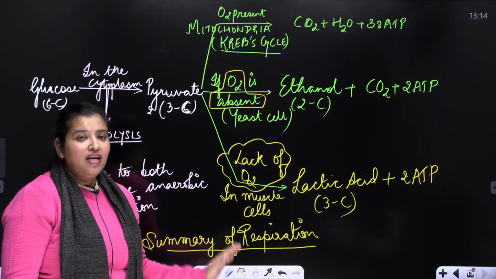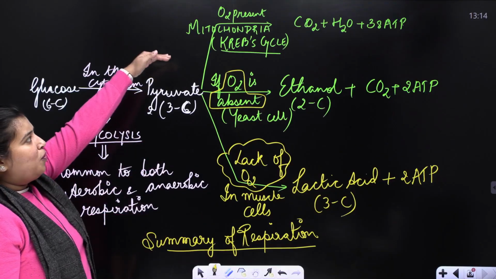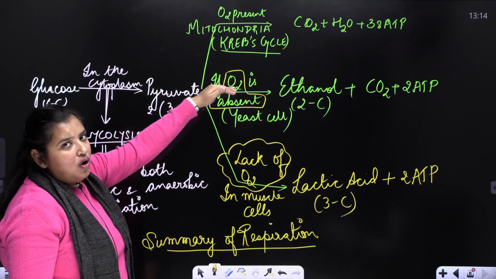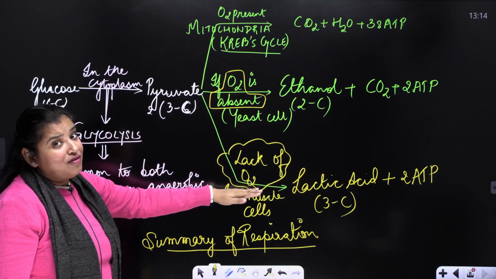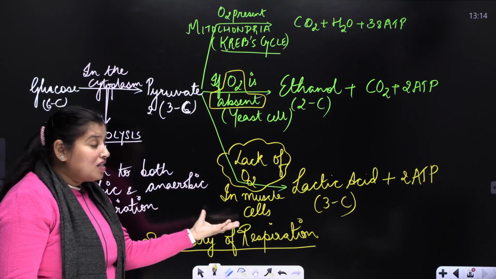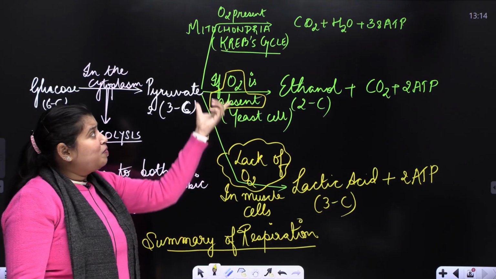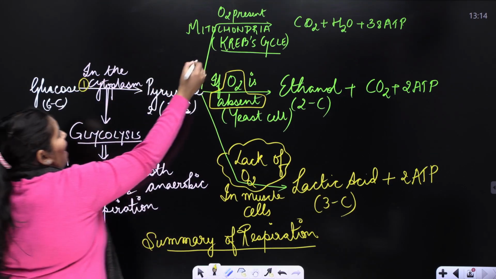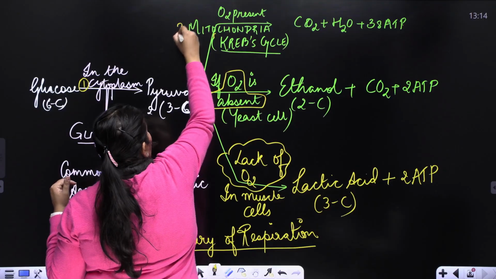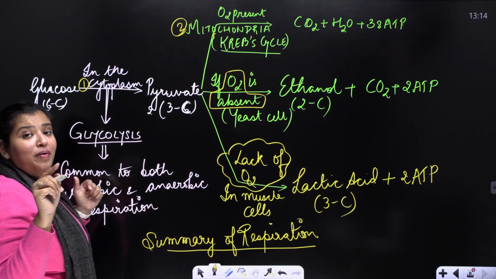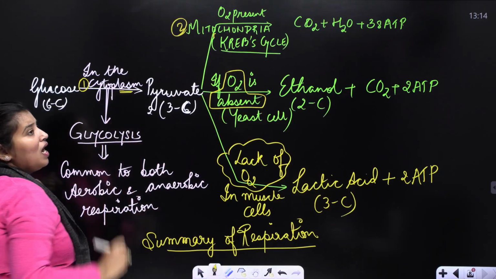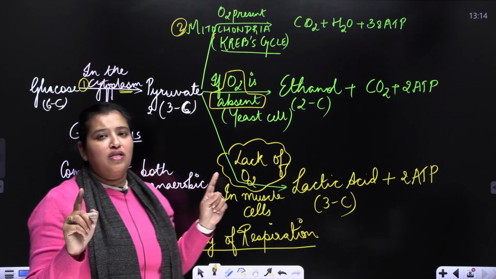So this is the summary of what? Respiration. All right, where we have concluded the aerobic and the anaerobic respiration and the alcoholic fermentation and the lactic acid fermentation. All right, please keep in mind, aerobic respiration will occur in 2 organelles, which is cytoplasm and mitochondria, whereas anaerobic respiration occurs only in the cytoplasm. It will never happen in mitochondria.